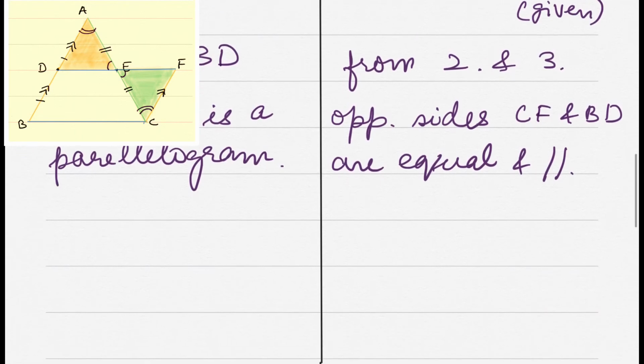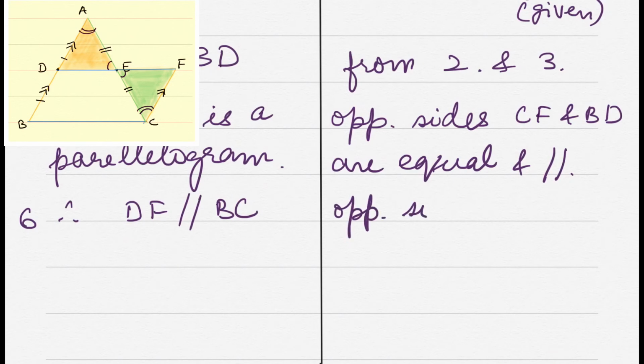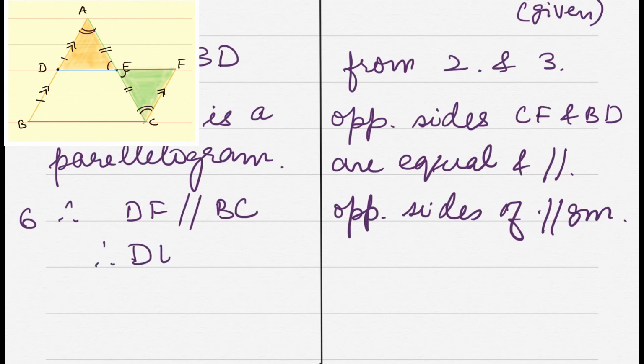Okay, then therefore what else can I say? That DF is parallel to BC, correct? As it is a parallelogram, opposite sides of parallelogram. Therefore I can say, because DE is a part of DF, so DE will also be parallel to BC, because this is also opposite side of a parallelogram.